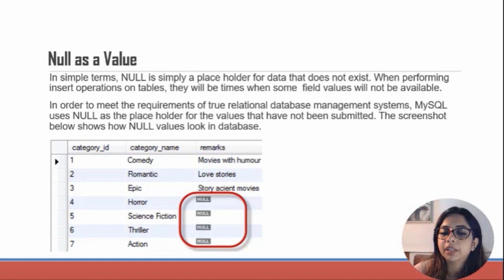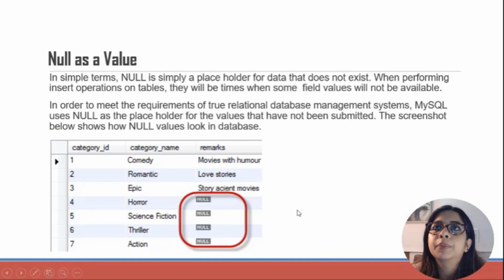Let's say there were no remarks entered, and null can be inserted only if that particular column is not a primary key, because a primary key has to have not null and non-duplicate values.